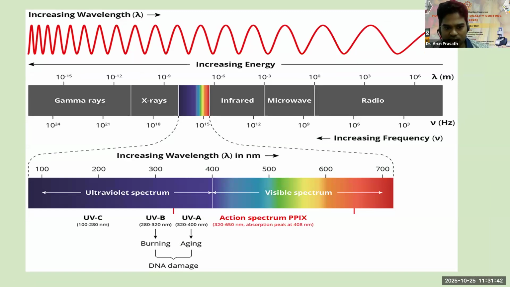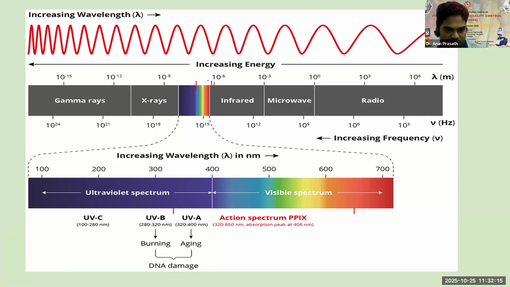In the electromagnetic spectrum, we have a visible light region, and it starts from 100 nanometers, that is UVC, UVB, and UVA, and then after the ultraviolet spectrum, we have the visible spectrum. It starts with gamma radiation, X-ray, and then this is the visible light region.